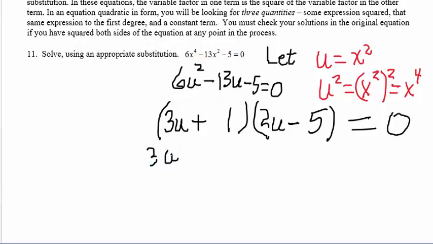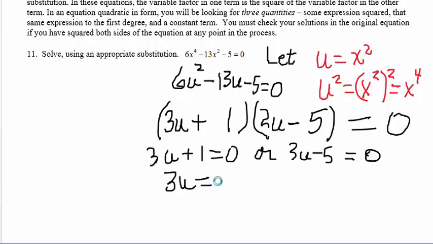So 3u plus 1 equals 0, or 3u minus 5 equals 0. So 3u equals negative 1. U is negative 1/3.